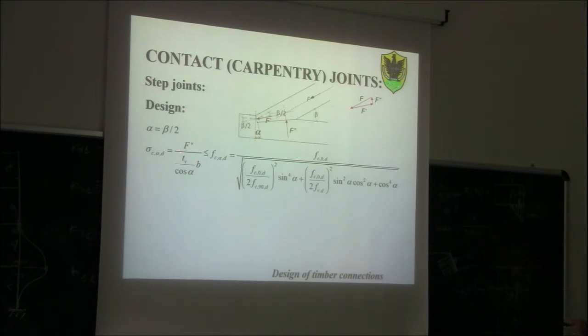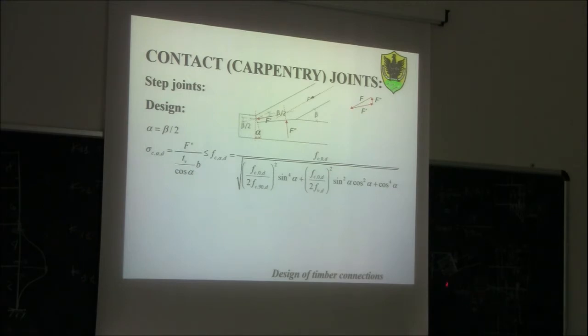If this size is TV, the inclined surface will be TV divided by cos alpha, where alpha is this angle. So this would be F prime divided by TV divided by cos alpha times B, where B is the breadth of the tie. Okay?